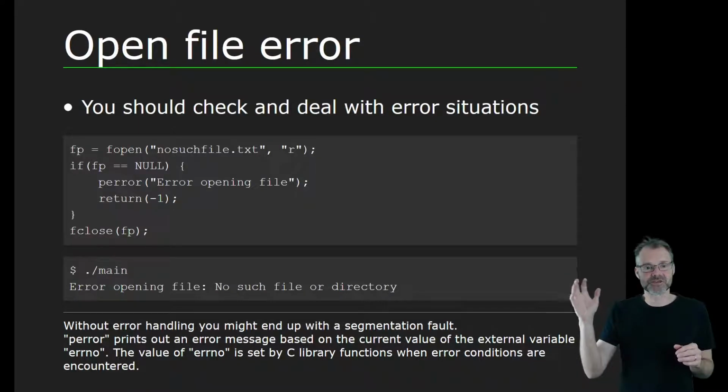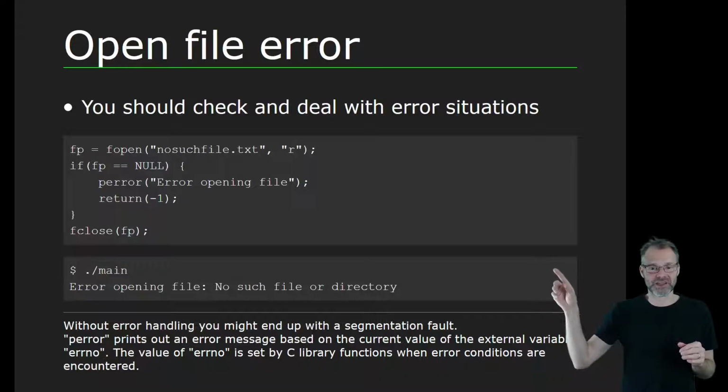Here I'm going to use the perror function, and I'm going to write out the message, and perror will add on to it the more specific details, "No such file or directory".